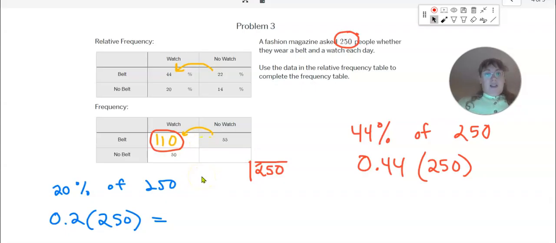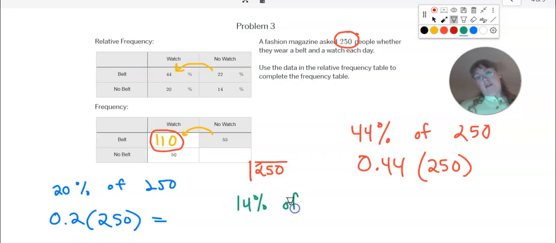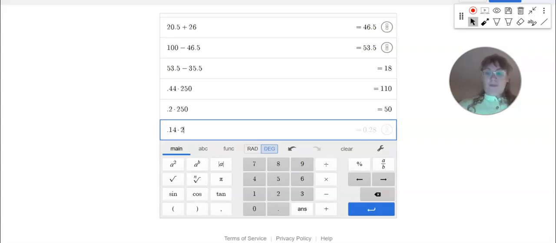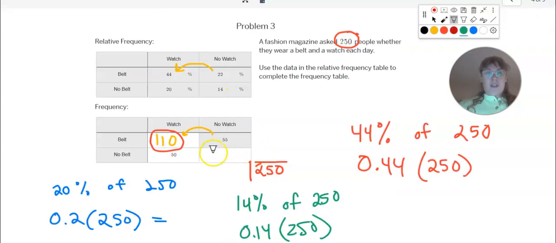And then this is all the people. So we could add them up and figure out what's left, or we could just find 14% of 250, which is 0.14 times 250, which gets us 35.